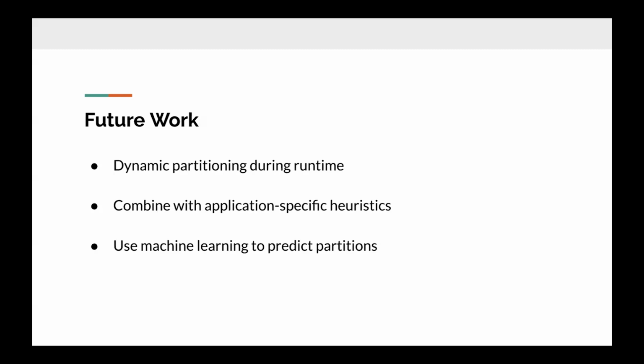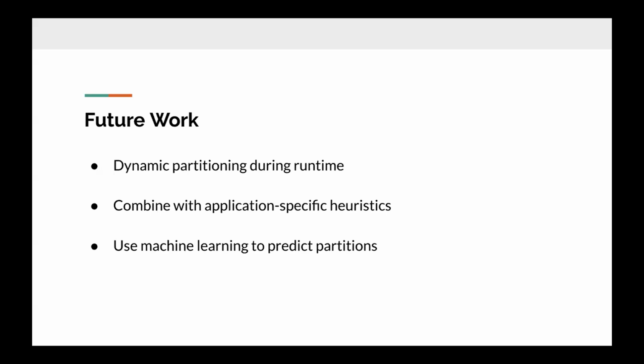Second, hybrid approaches that combine profile guided partitioning with specific domain knowledge. For example, in circuit simulation, we could leverage gate level topology to augment the profile data. And third, we are looking at using machine learning to predict partitioning layouts instead of profiling every time.